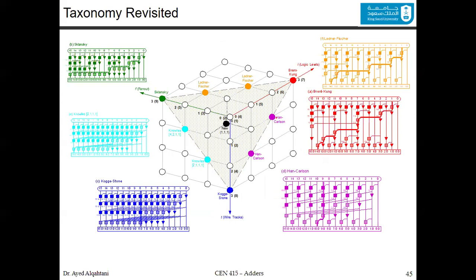By the way, in these figures, the coloring of each one is showing you the delay. So you see the delay of the Ladner Fischer, the Brent Kung, the Han Carlson, and the Kogge Stone, it's very fast. It's not that clear, but it's there somewhere here. And the delay for the Sklansky is right.